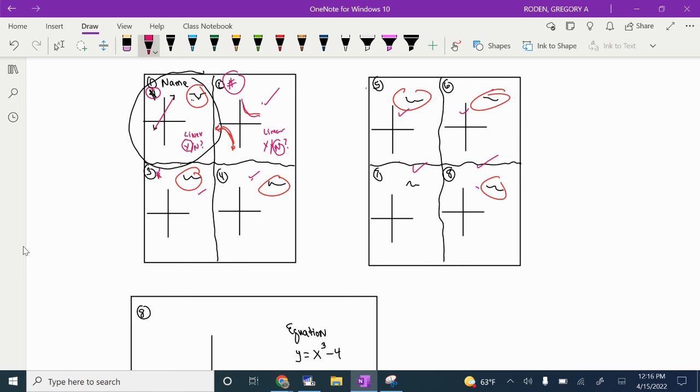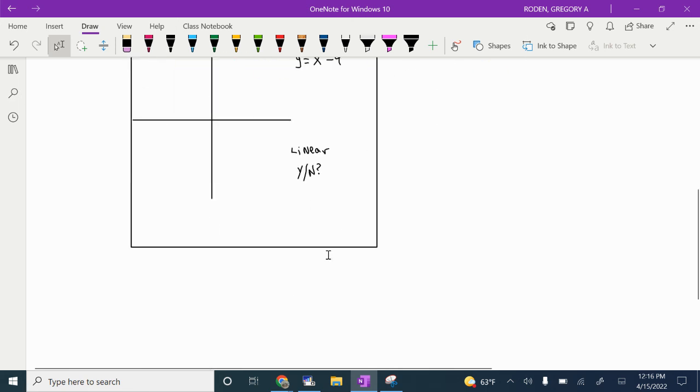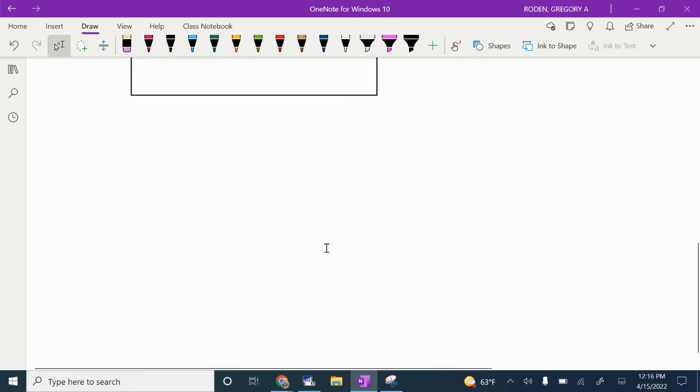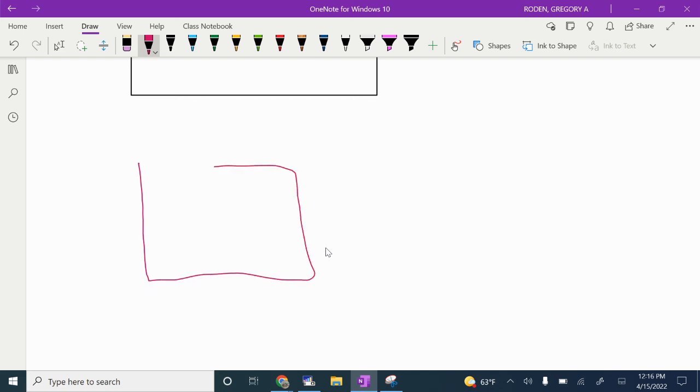So once you get done with this, I want you to come up and grab a half piece of paper, and you'll staple this to your other paper. This is just a half piece of white computer paper, and I'll have that up on my desk. You can just come get it.